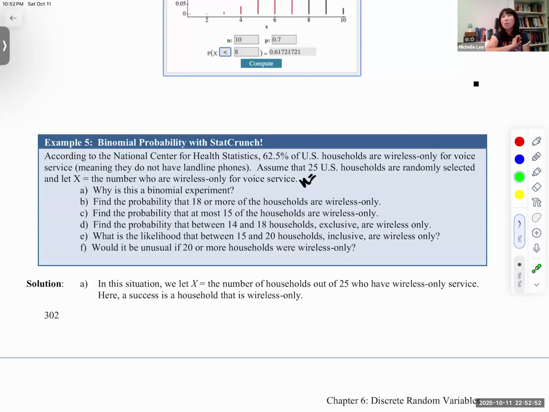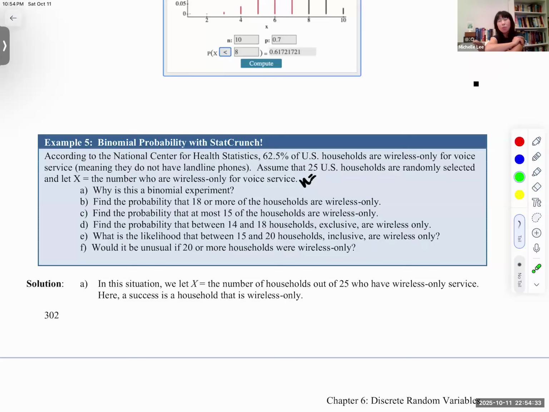So it means that we have just a tiny sample from the 5% of the 8 billion, actually more than 8 billion for the world. Oh, no, it's the US. Hold on one second. US population is 340 million. So 5% of 340 million is 17 million. So 25 is less than 5% of the total number of US households.